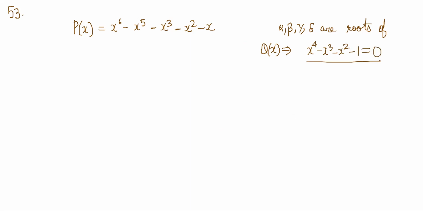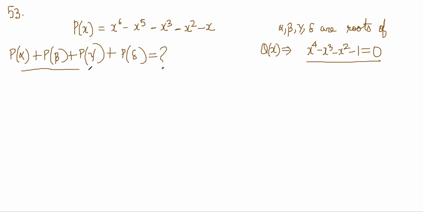Then what do you have to do? p(alpha) plus p(beta) plus p(gamma) plus p(delta). This is also a standard question, standard trick. Why don't you see?